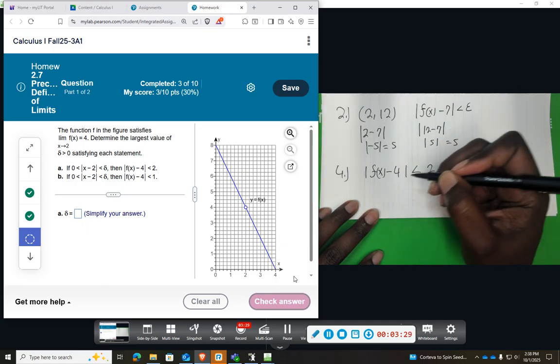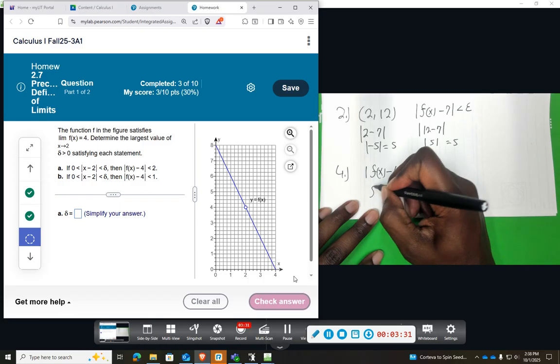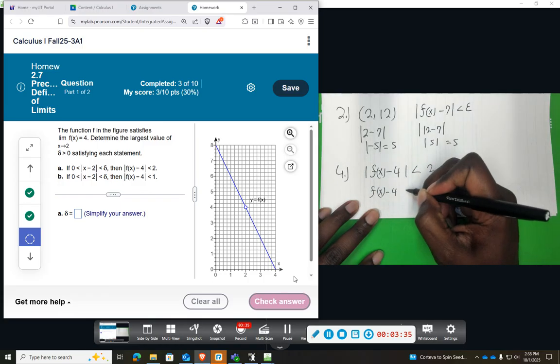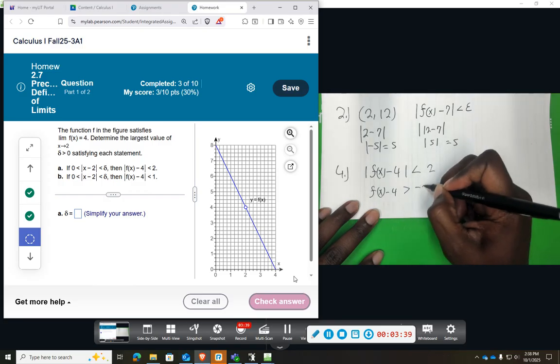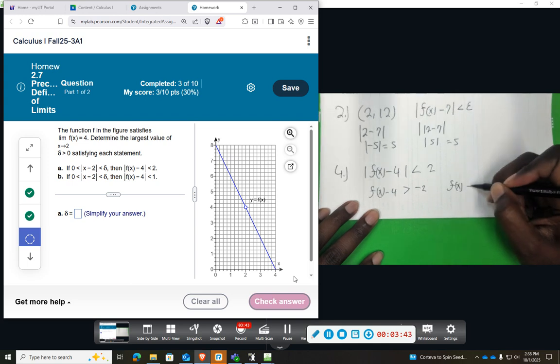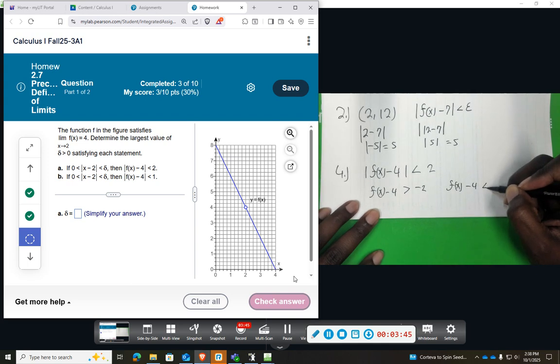We can say that f x minus 4, and then when you flip the sign, because it has to be negative, greater than negative 2, or we can say f x minus 4 less than 2.